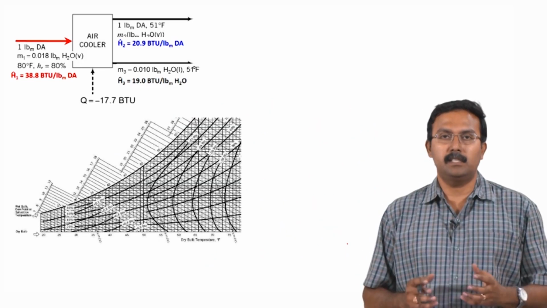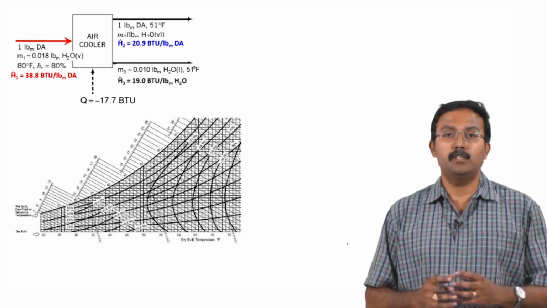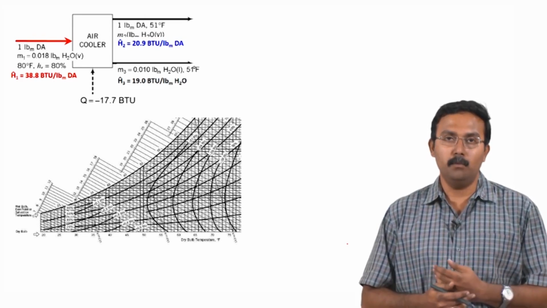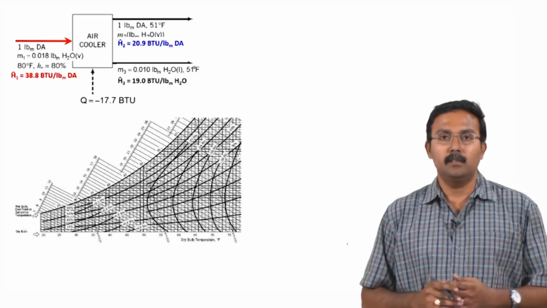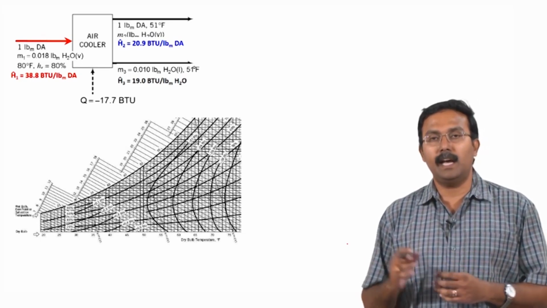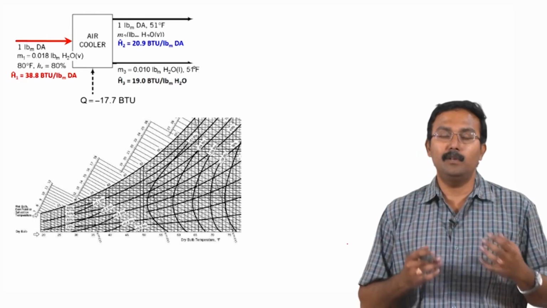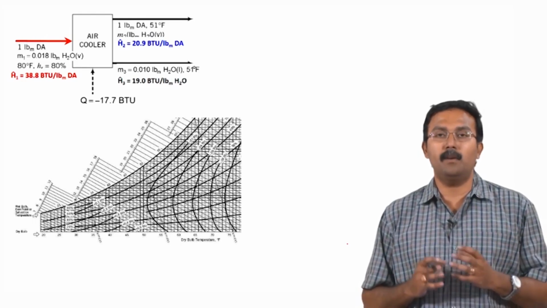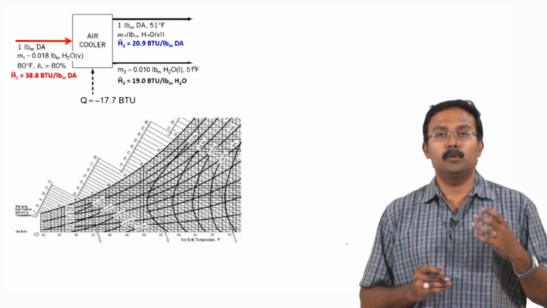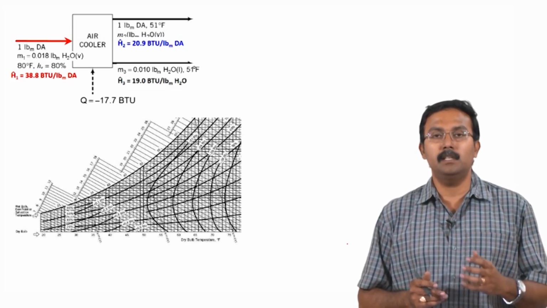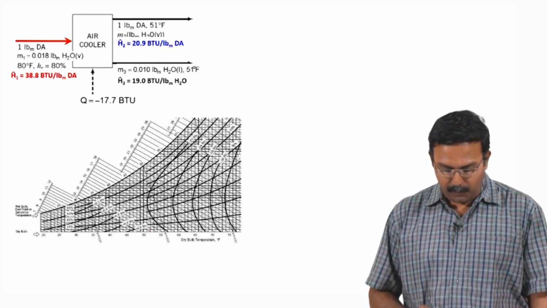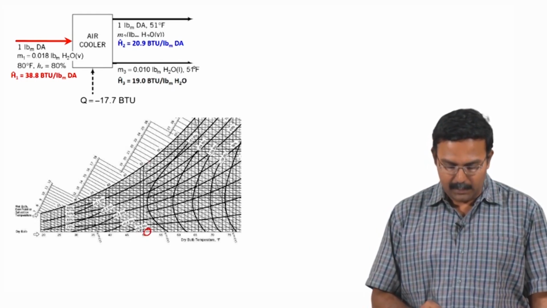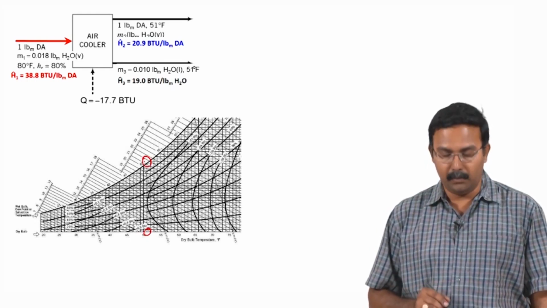The problem asks us to identify how much heat needs to be removed for producing 1000 feet cube of humid air. We know the mass of dry air which is leaving the system, however, we do not have the volume of humid air which is leaving the system directly. That we can identify using the humid volume data. The exit stream is at 51 degrees Fahrenheit and 100% relative humidity.